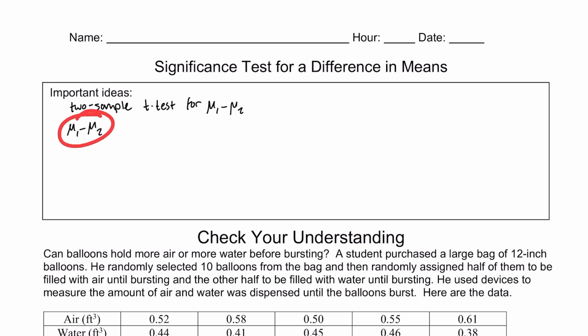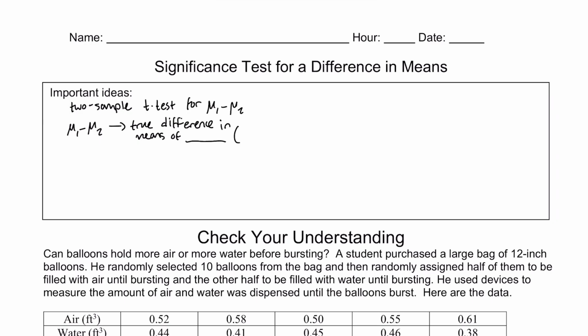If this is your parameter, that needs to be labeled properly. So remember, we're going to put true difference in means of whatever, and then put the order.